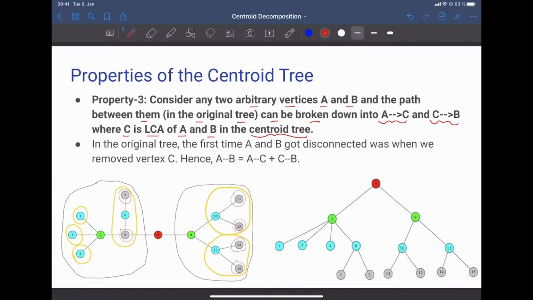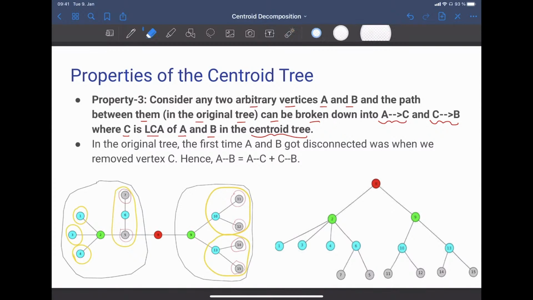LCA means lowest common ancestor. This is a very interesting statement. What exactly are we seeing here? Let's try to understand this via some examples.